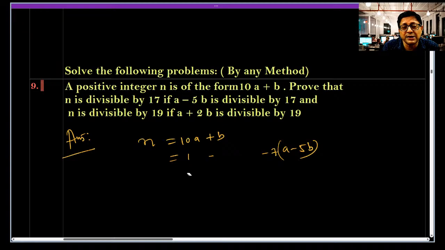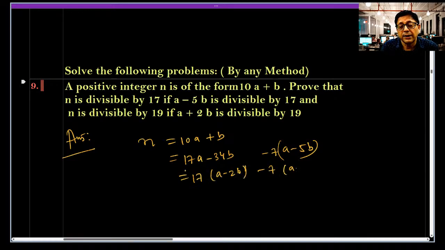Minus 7a we have written. This is just manipulative. It will be 17a and this thing minus 34b. Sorry, it is minus 34b. So this is 17a minus 34b minus 7a minus 5b. So this thing is divisible by 17.